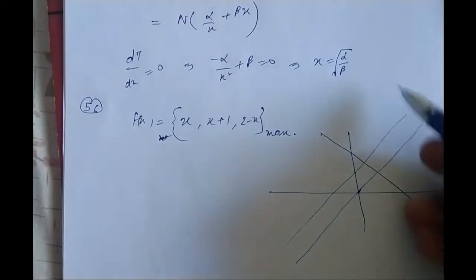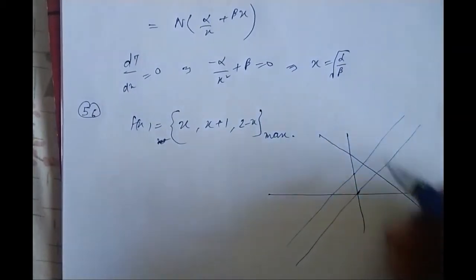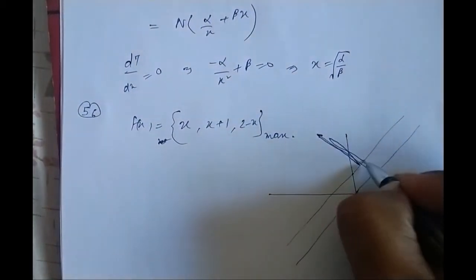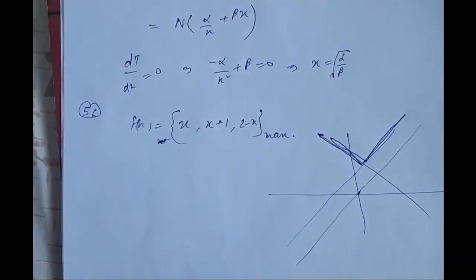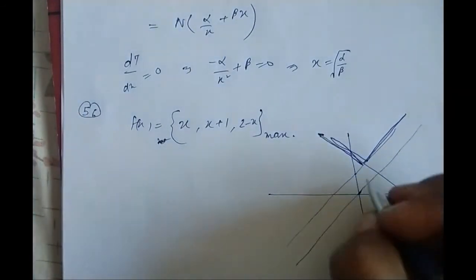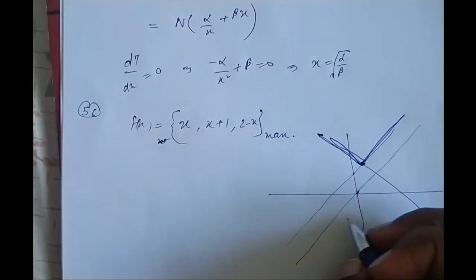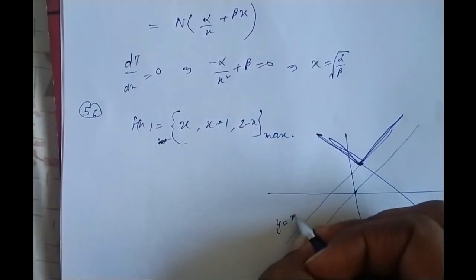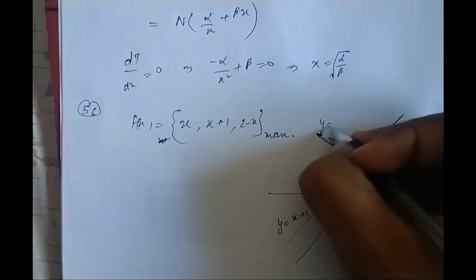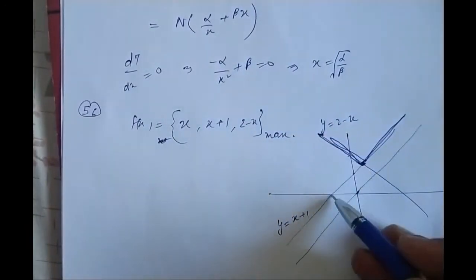So the maximum of these graphs would be this. Okay, so this would be the minimum value, obtained at the intersection of these two lines.